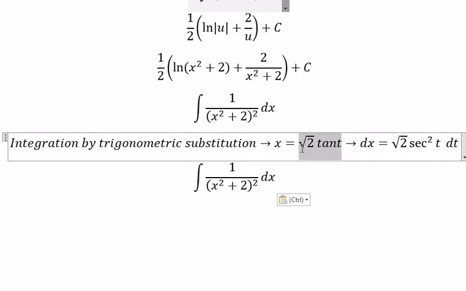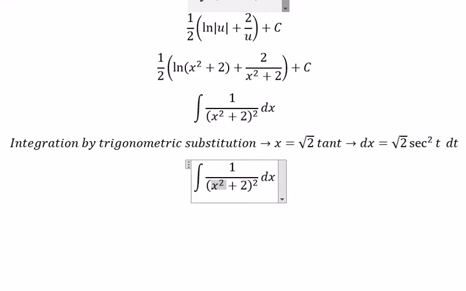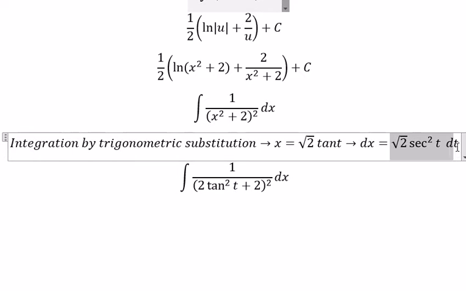So we put this one in here and you get 2 tan t squared. ds we change for this one.